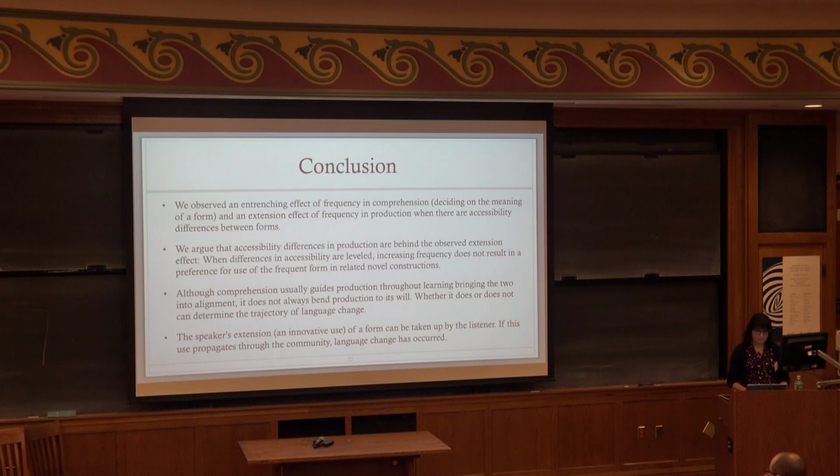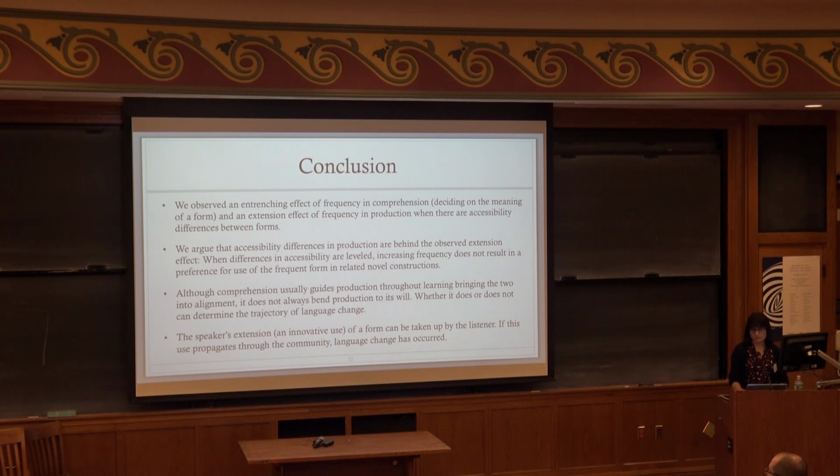How? The speaker's extensions and innovative use of a form can be taken up by the listener. If that happens, then the innovative use gets propagated throughout the community. In that case, language change has occurred.